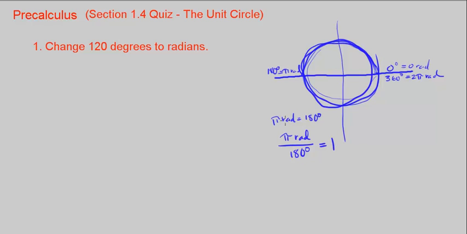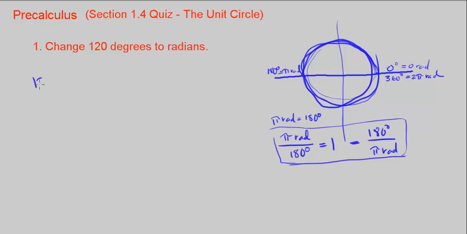If those two are equal, then if you divide them by each other, it equals 1. So likewise, 180 degrees divided by pi radians is equal to 1. These are both equal to 1, right?